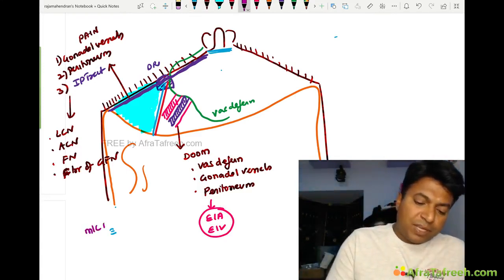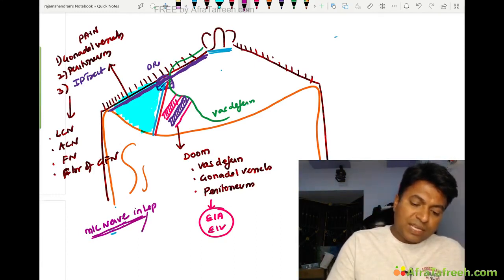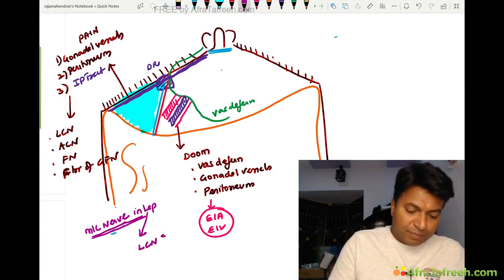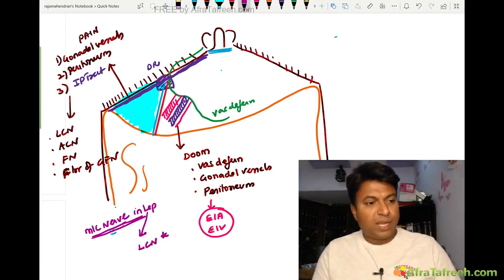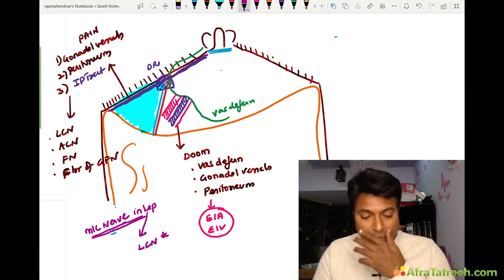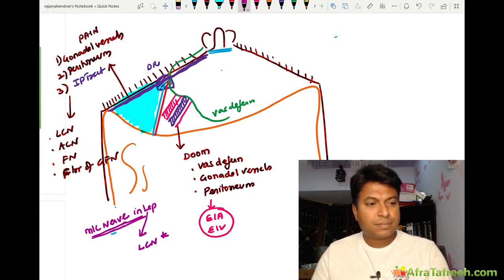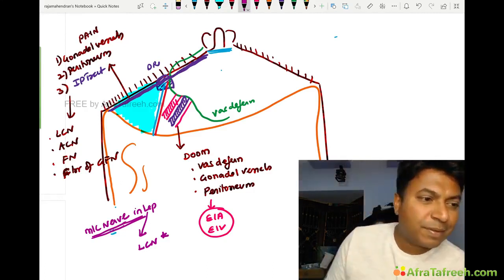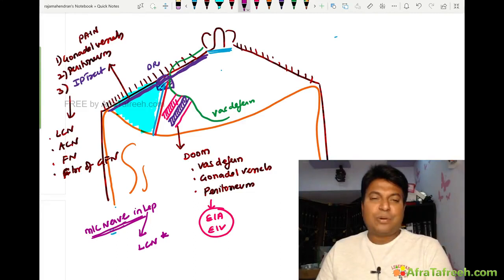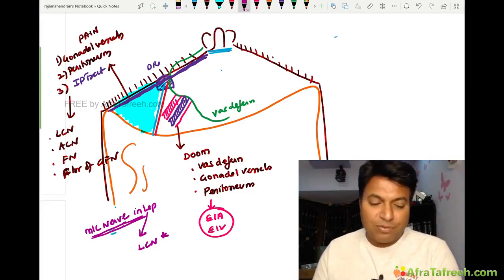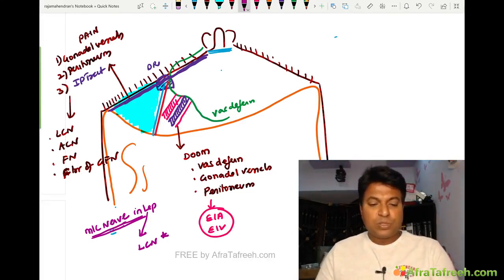Most common nerve injured in laparoscopic operation is what? In laparoscopic surgery, L for L, the lateral cutaneous nerve is the most common nerve injured. So lateral cutaneous nerve, anterior cutaneous nerve, femoral branch of genitofemoral nerve. So these are the contents of the triangle of pain.